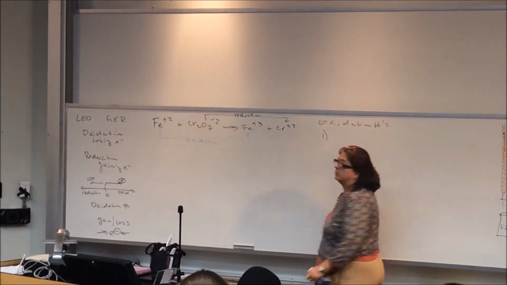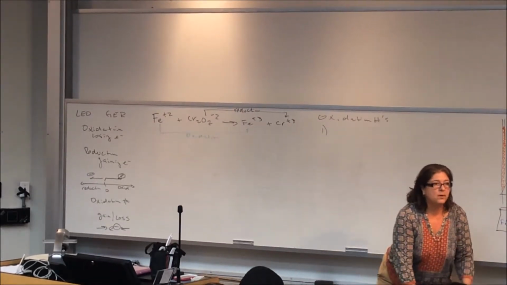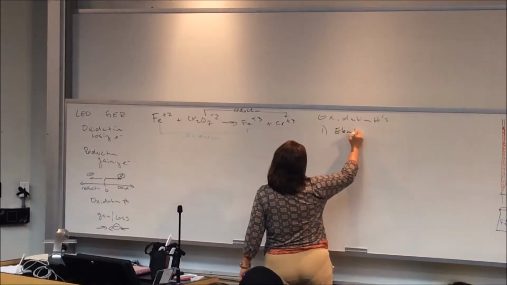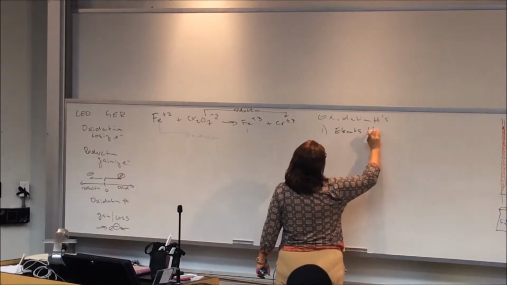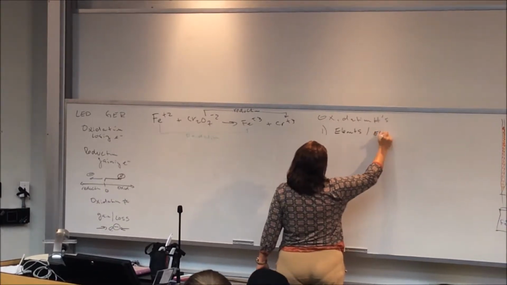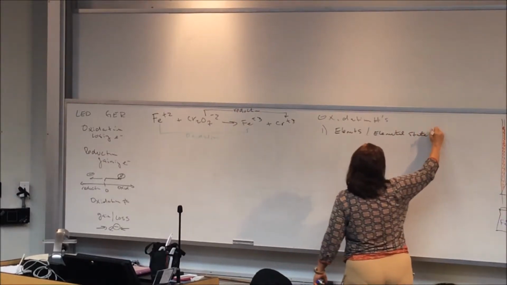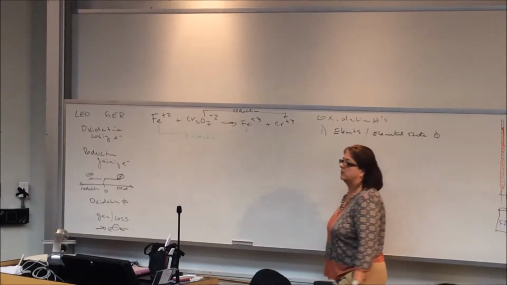All right, numero uno about oxidation numbers. It's something that you've already heard about a million times, and that is elements in their elemental state have oxidation state 0. Uncombined, of course they are.